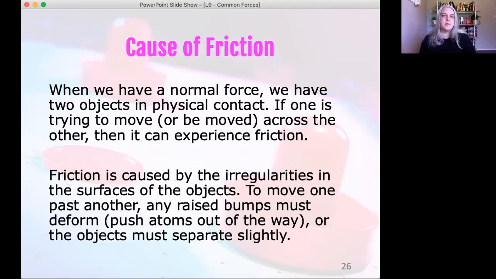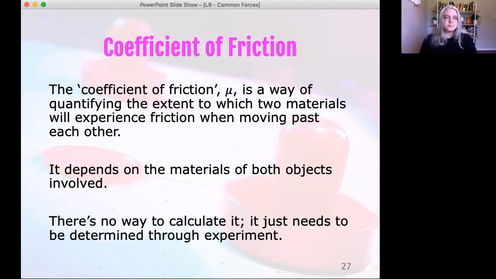We'll talk more about deformation later, but we won't really go into detail on friction deformation. You either need to deform the object, push the little bumps out of the way and effectively smooth the surface out a bit as you're moving, or you need to lift up that object. That means opposing the weight force, lifting the object up so it can get over the bump. Either way, that's going to take a fair bit of force, depending on how much friction there is.